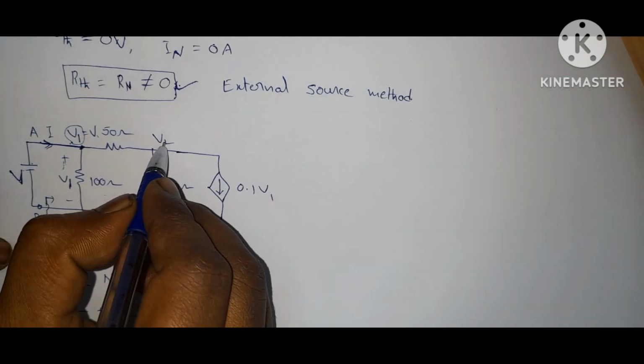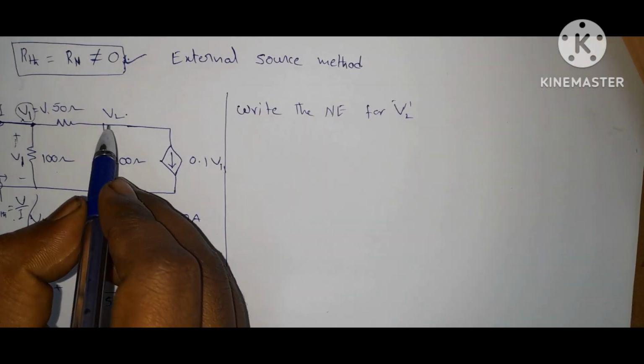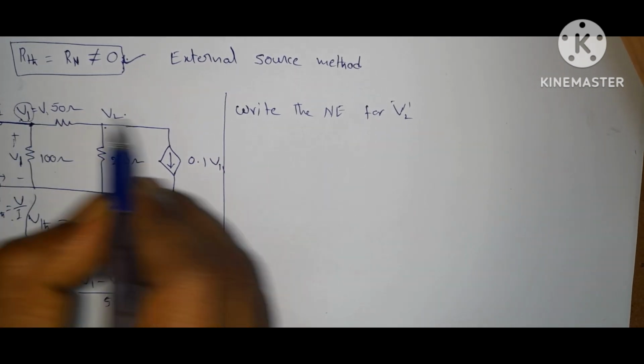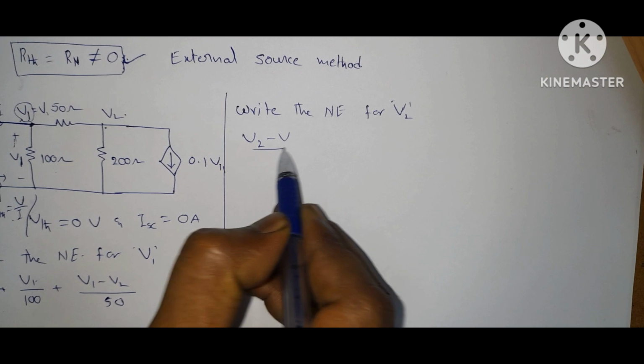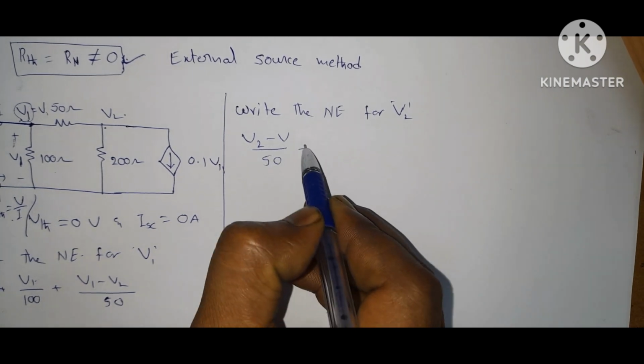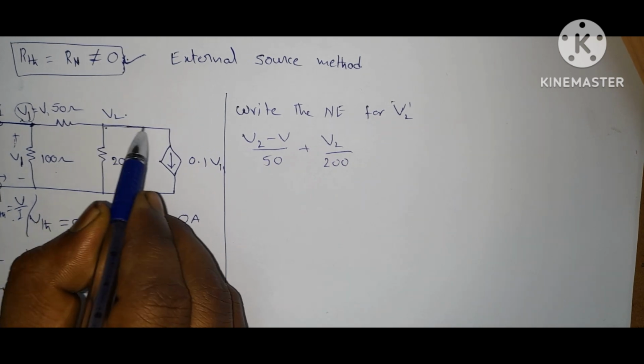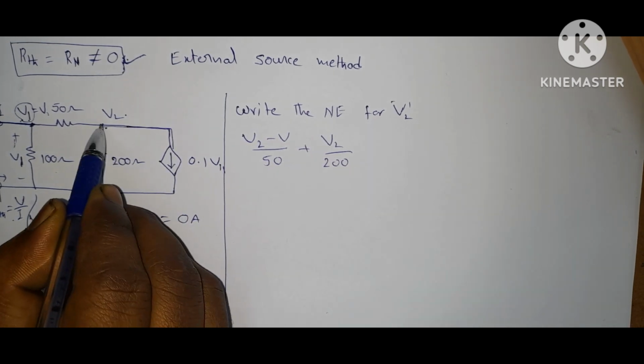Now, write the node equation for V2. For this node, V2 minus V1 by 50. Here V1 equal to V. So, V2 minus V by 50 plus V2 by 200. This current is going away from this node.